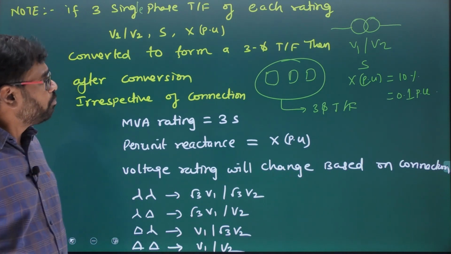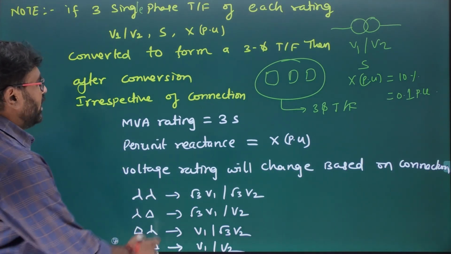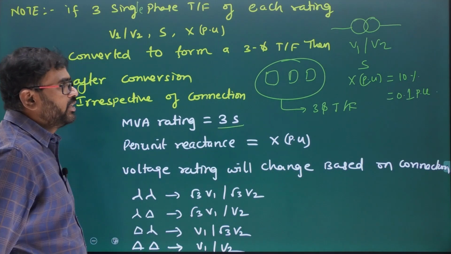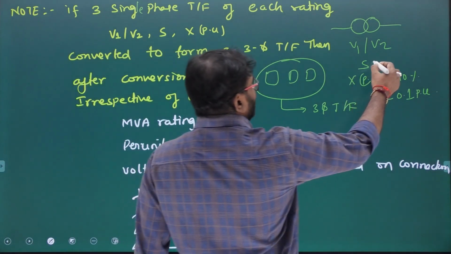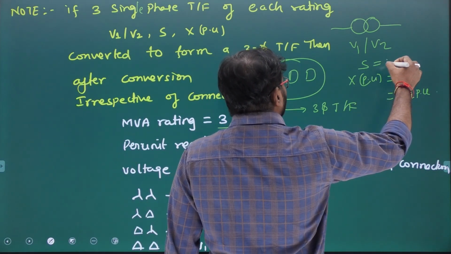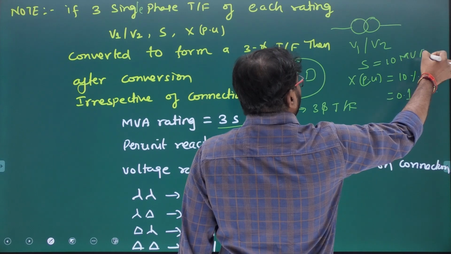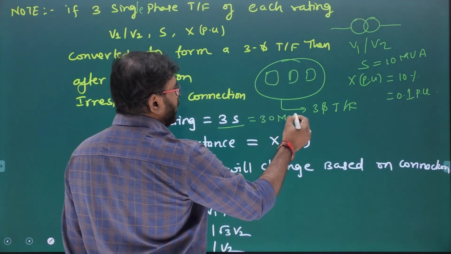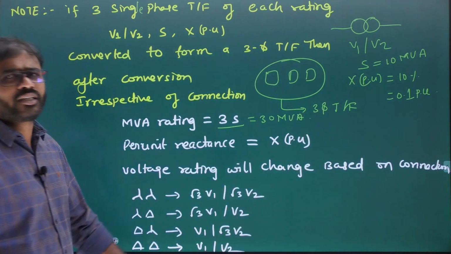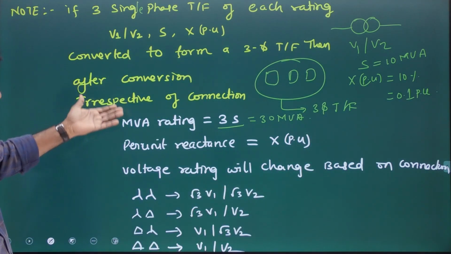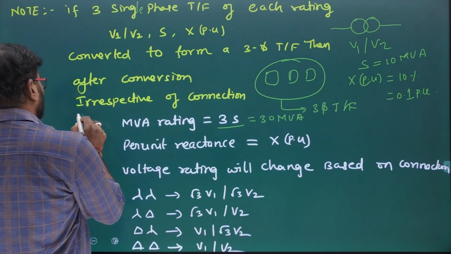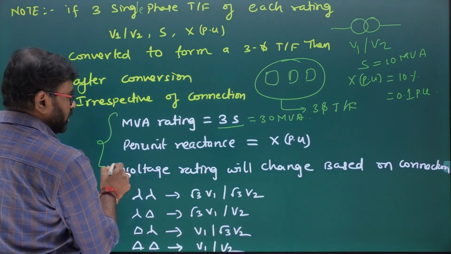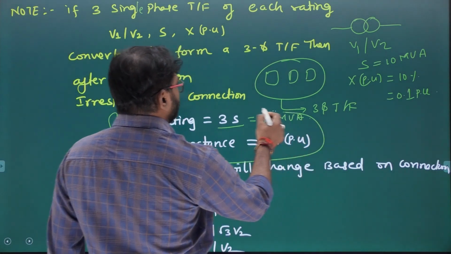But if I do that, the MVA rating will be 3S. What is the meaning here? If the MVA rating of the single-phase transformer is, let's say, 10 MVA, then the MVA rating of the three-phase transformer is 30 MVA. Clear? No matter what its connection is, irrespective of its connection, this is true.